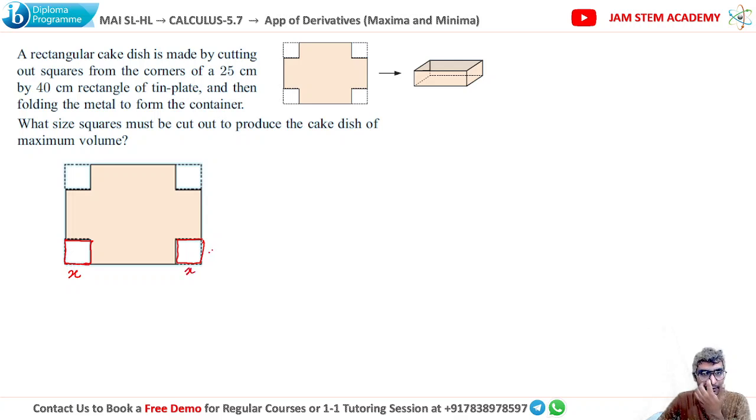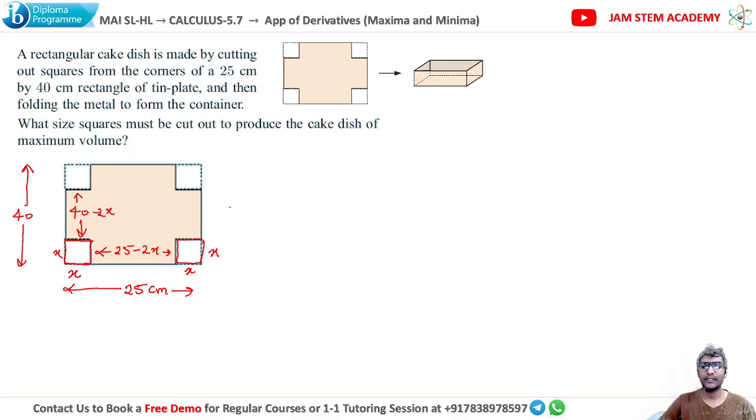So if this length was, let's say, 25 centimeters, so now this part will remain 25 minus 2x only. Similarly, if the entire this side is 40 centimeter, so this portion will be 40 minus 2x, right?